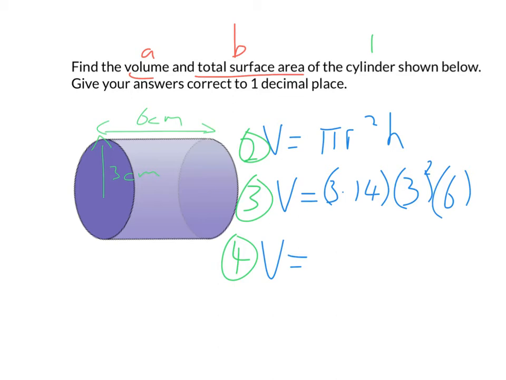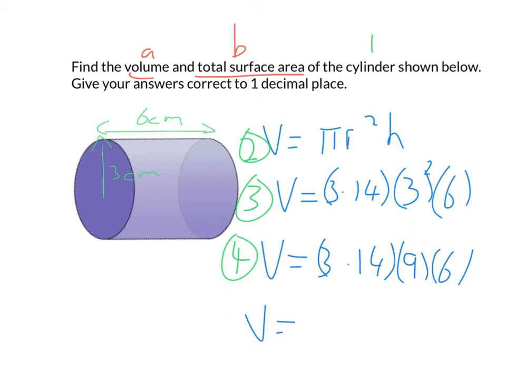So we're going to follow BIDMAS to try and simplify this right hand side. BIDMAS says that first of all we should try and simplify the indices before we do any multiplication. So 3 squared will give us 9. BIDMAS now says that we should multiply.